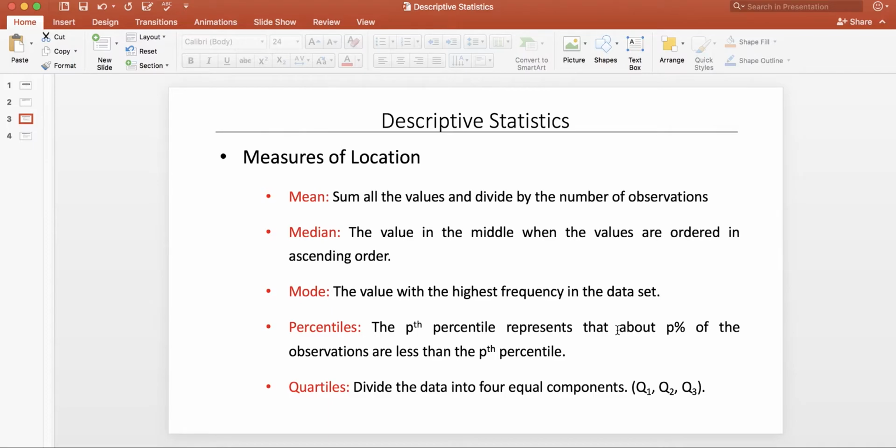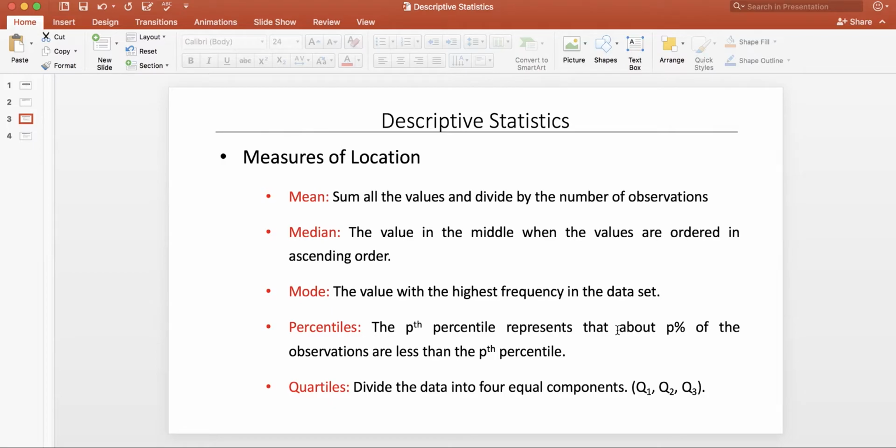For example, let's say that I am calculating the 80th percentile, and the 80th percentile in my data set corresponds to 10. Value 10 is the 80th percentile. That tells me that about 80% of the observations in my data set are less than 10. That's what percentiles mean.